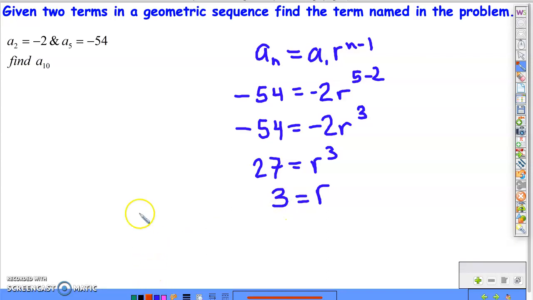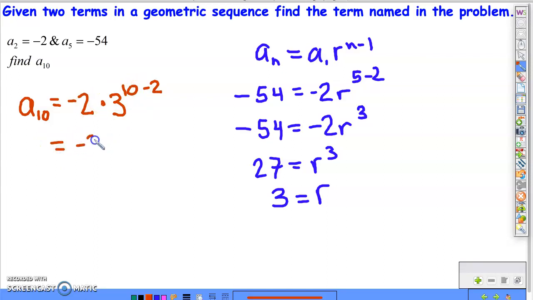Now we can go find our 10th term. So A10 is going to equal our A1, which again, we know A2, so let's use negative 2. And then our R is 3. And then we want the 10th term, use the second term.